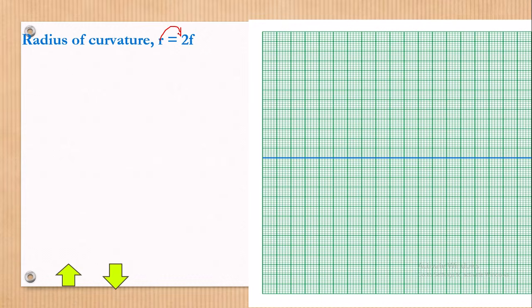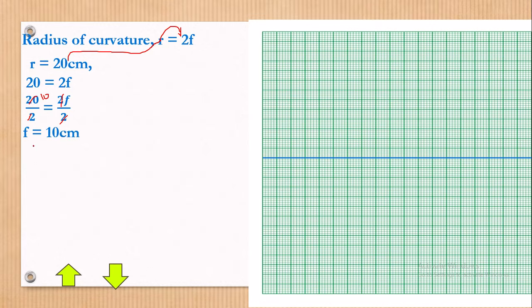That is a formula we know from light. Then radius of curvature is equal to 20 centimeters. Therefore, when you substitute the r, 20 equals 2f. How shall we get f? You divide both sides by 2. These two cancel, and this gives us a 10, meaning the focal length will be 10 centimeters.